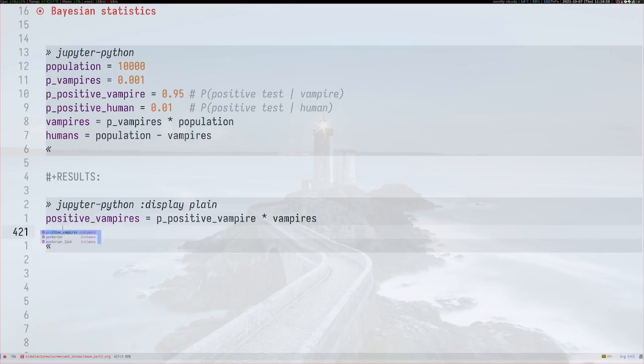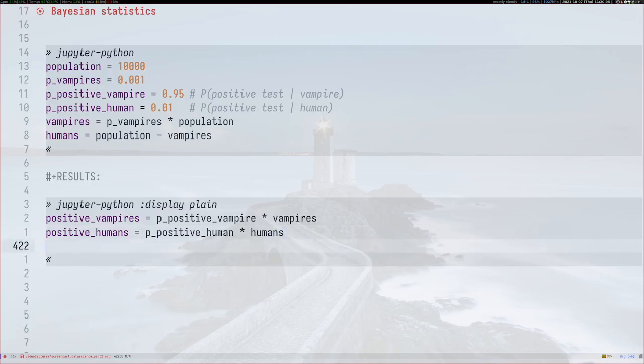And what is the number of positive humans in the population? That's the probability that I have a positive test on a human times the number of humans.